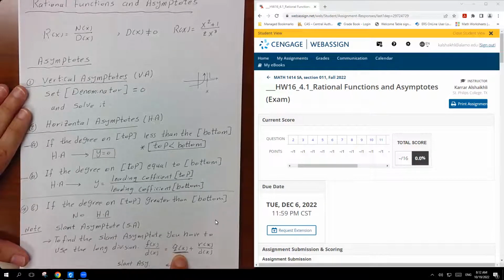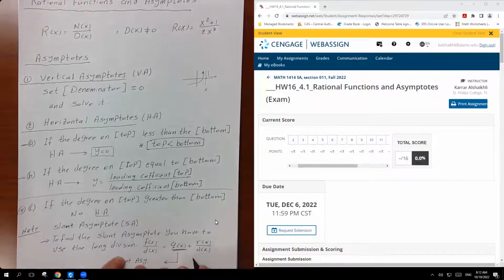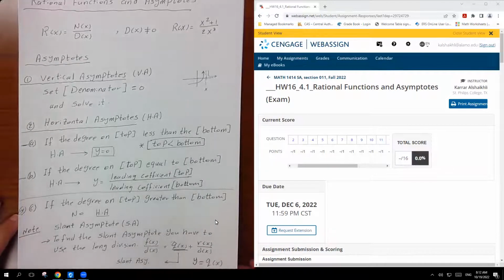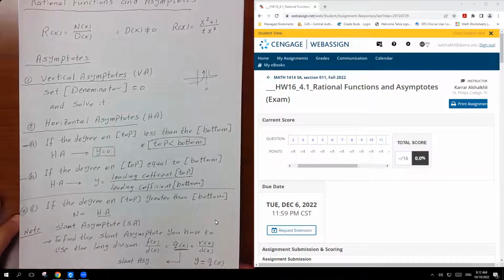You're just going to write y equals q of x, the quotient you get. So that's how we find the slant asymptote. I need you to write down these notes because we're going to do examples and you will see the difference in how to find each asymptote.